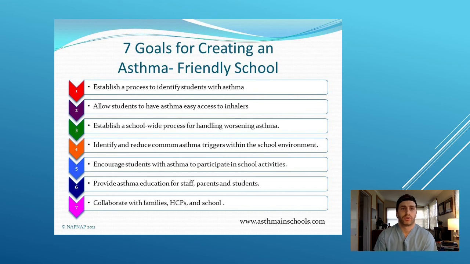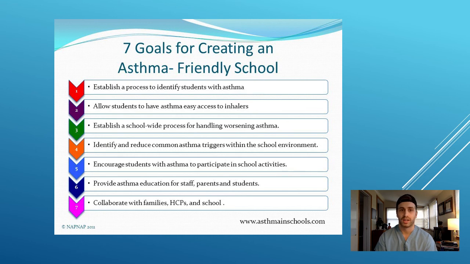So, 7 goals for creating an asthma-friendly school. Establish a process to identify students with asthma. Allow students to have their inhalers near them at all times. Establish a school-wide process for handling worsening asthma. Identify and reduce common asthma triggers in the school. Encourage students with asthma to participate in school activities.